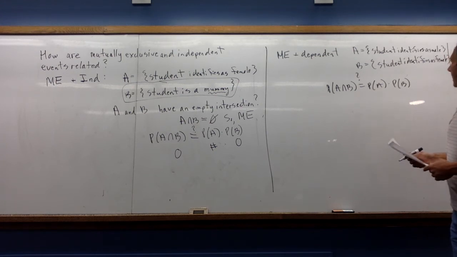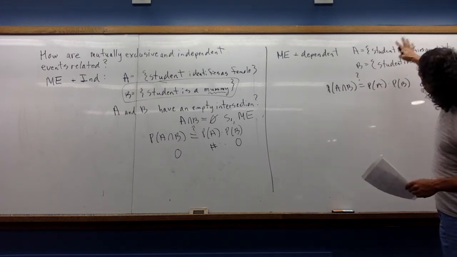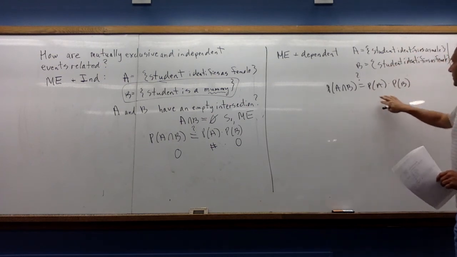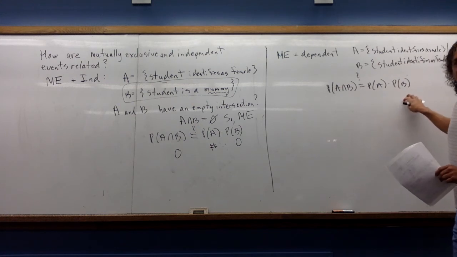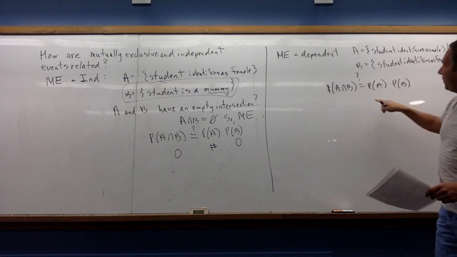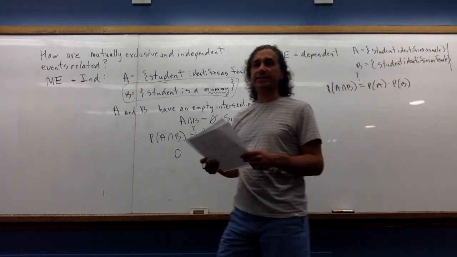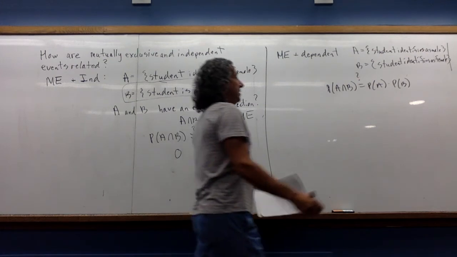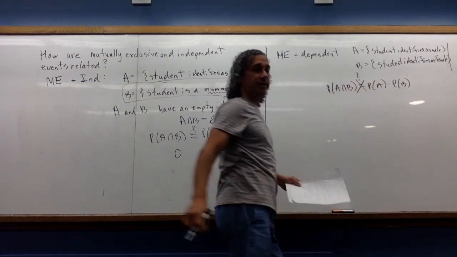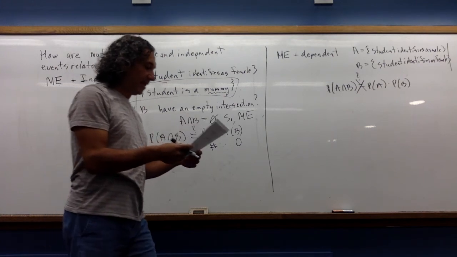Well, in this class, I'm not going to be able to know the exact numbers, but let's say it's about 2/3 and about 1/3. Well, the problem is the probability of the intersection is going to be 0 because A intersect B is empty. So those guys are not going to be equal to each other in product. Okay, so they can be mutually exclusive and dependent.